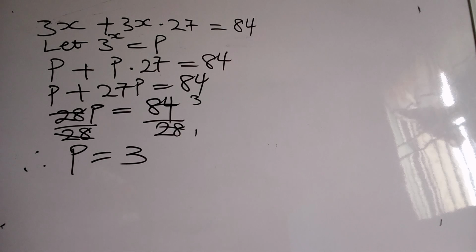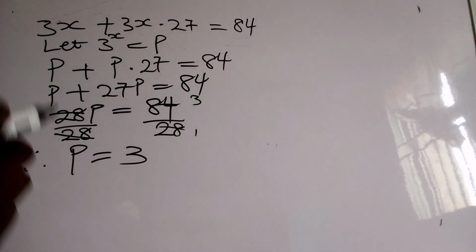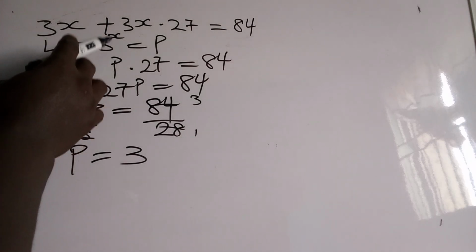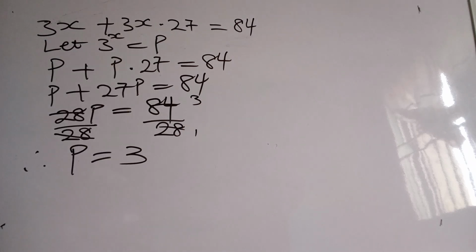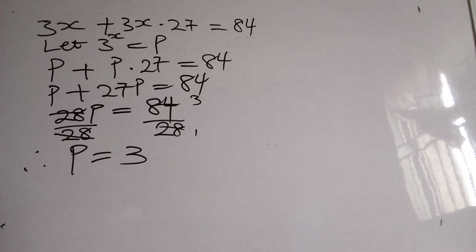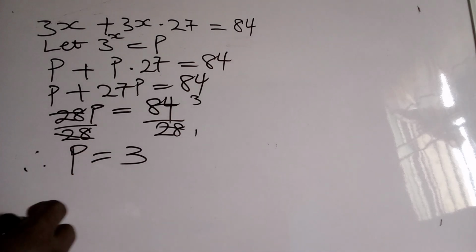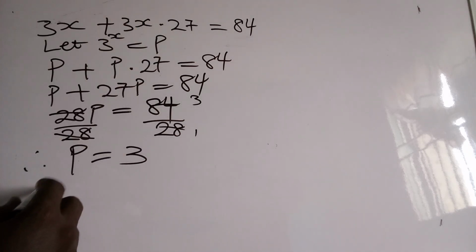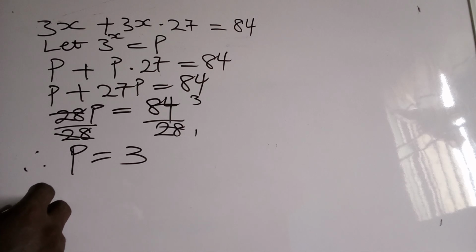So don't forget, we said let 3 raised to power x equal p. We are looking for x, not p. But since we've gotten the value of p now, let's bring 3^x back.